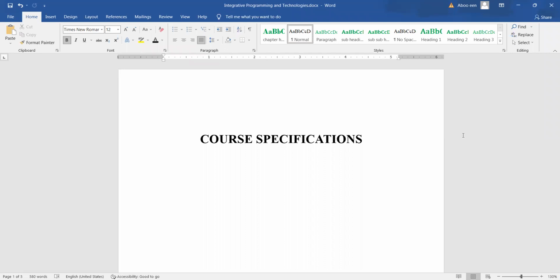Any linkage or any similarities, or how is this module connected with your previous subjects? Any idea?